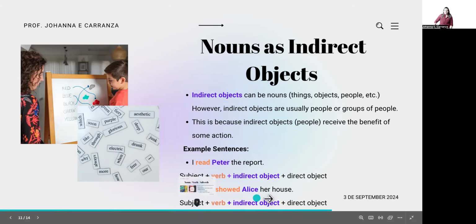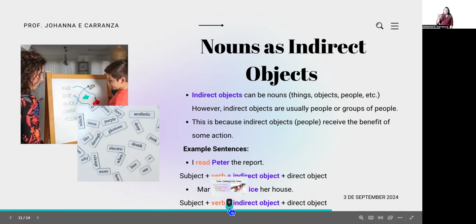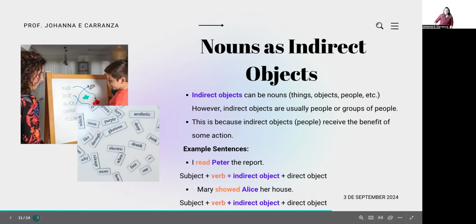We know that Mary is the subject, which is a noun. Then comes the verb showed. The indirect object is Alice, and the direct object is her house. So Mary's house. Hopefully that clarifies a little bit how nouns work as indirect objects most of the time.